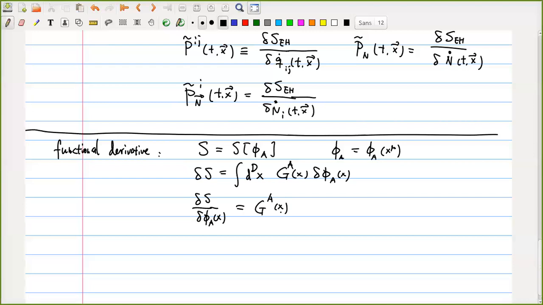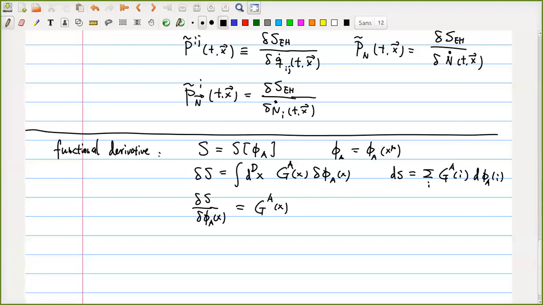You can consider an analogy with the ordinary derivative. Here you have an integral because you have an infinite number of degrees of freedom for the field. But you can make an analogy with a system with a finite number of degrees of freedom, where delta S just reduces to dS. So dS equals the sum over i of g_A^i times d phi_A^i.